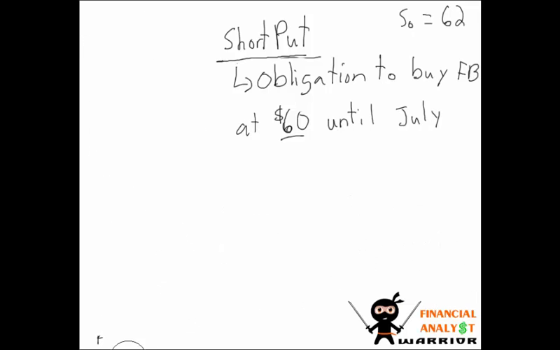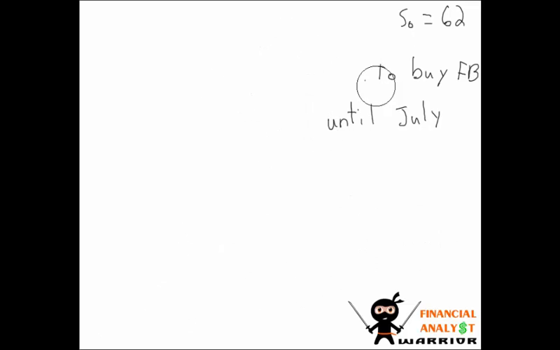So long, short, call, put, and you have to remember the graph, and you have to remember the definition. For example, when you long a call, you have the right to buy. This is very important, so you can just remind yourself of the graph. This is longing a call.